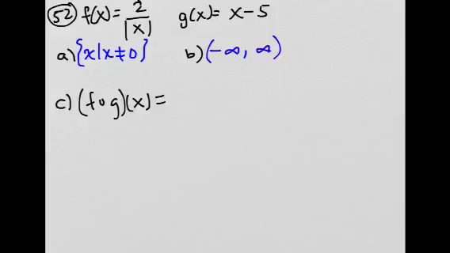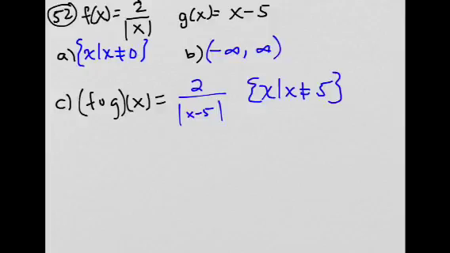And then we're just going to do f of g of x, which would be 2 over the absolute value of, instead of x, we're going to put in g of x, which is x minus 5. Okay, so what would make this one 0? 5, right? The denominator. 5 would make it 0. So then we say all x such that x cannot be 5. So that would be the domain of this function.